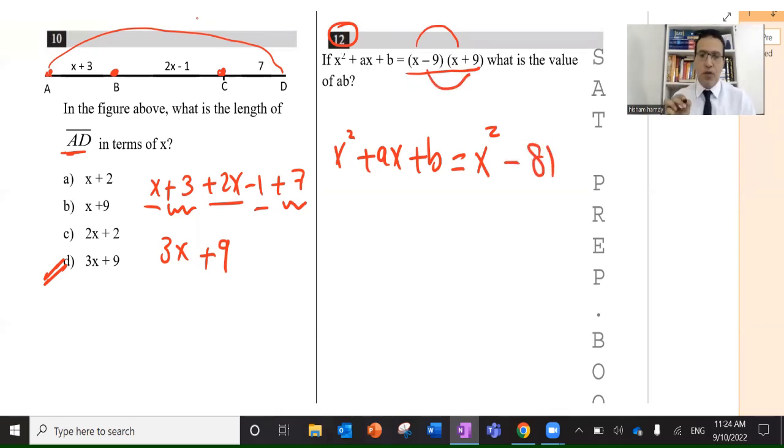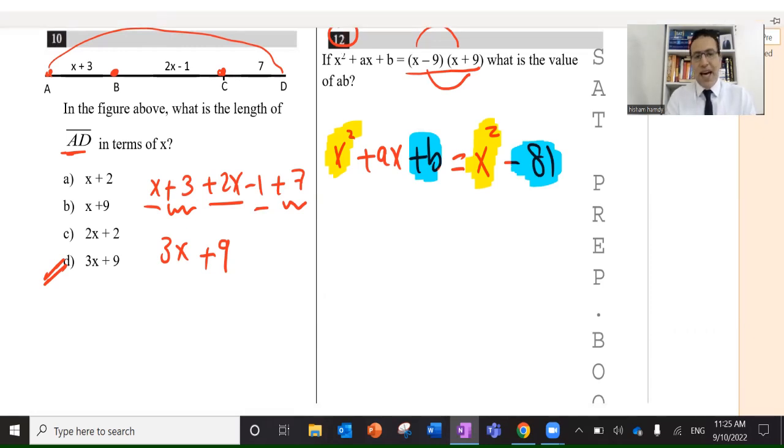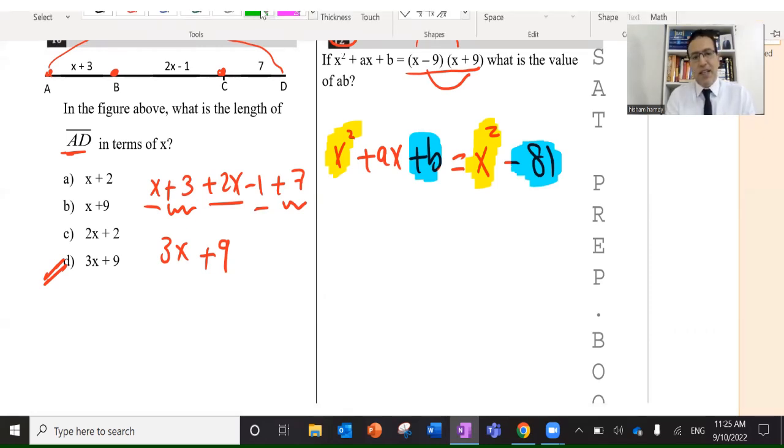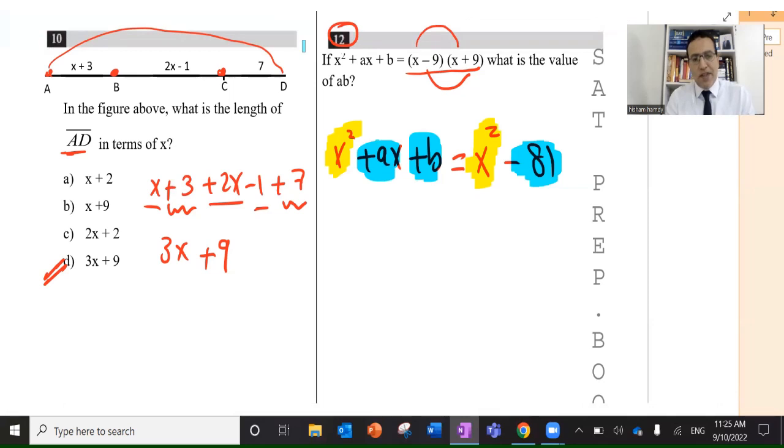So it's very important to understand when you multiply two terms gives you 3, or when you multiply two terms gives you 2. As we compare the left with the right, here I have x squared. Positive b, I have negative 81. But for ax, I don't have any term in ax on the other side.